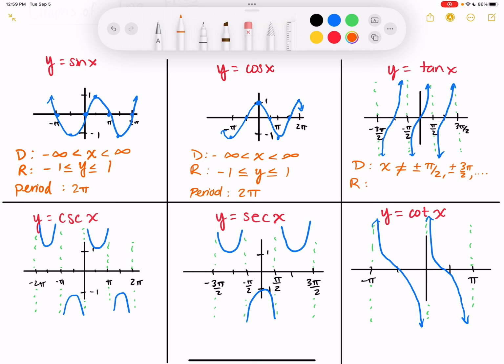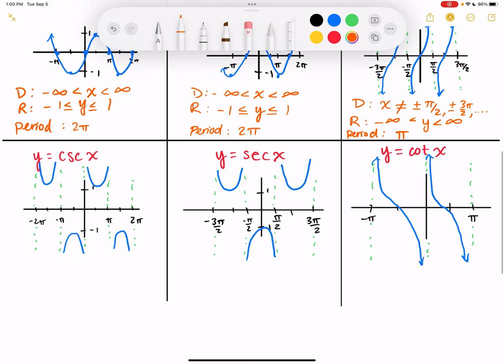So range is minus infinity less than y. Hold on. Is it less than or equal to? No, it can't be. Just less than infinity. And the period for this is pi. Cosecant, the domain is all x as long as x is not 0, plus or minus pi, and so forth.